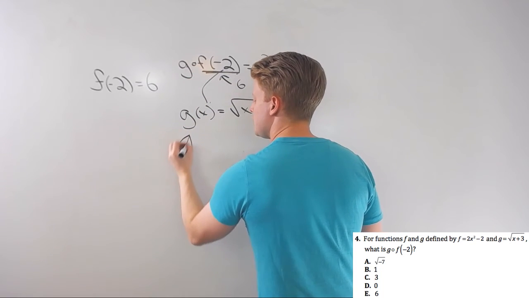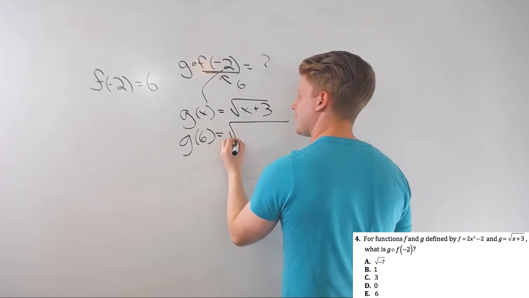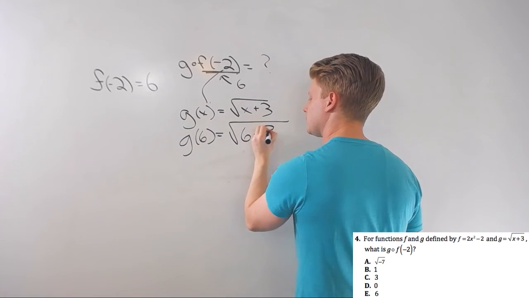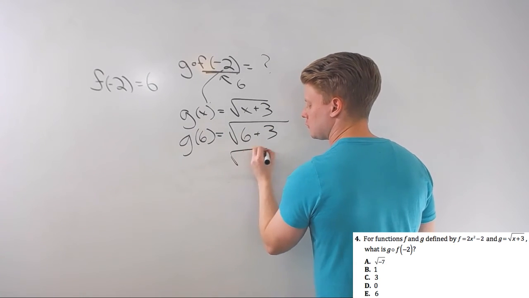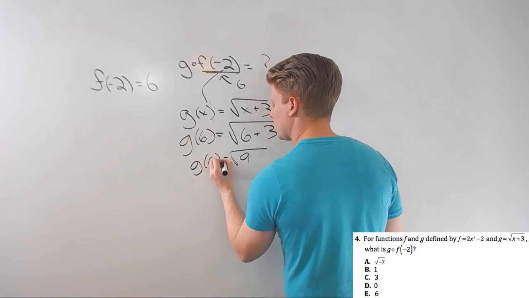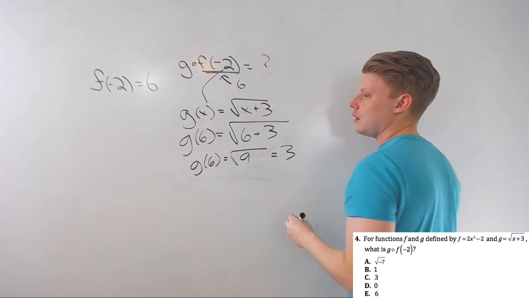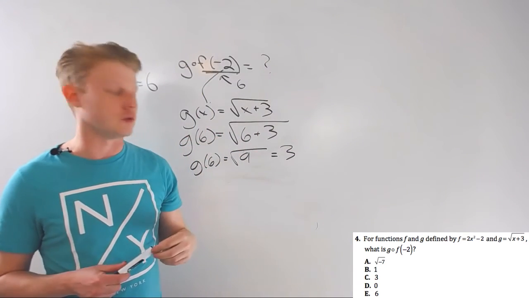So g of 6 is, remember, just stick it wherever that x is. Same stuff happens to the 6 as happens to the x. Square root of 6 plus 3, square root of 9. So g of 6 is equal to square root of 9, which is equal to 3. Could also be equal to negative 3, but 3 is the only answer that's given in the answer choices.